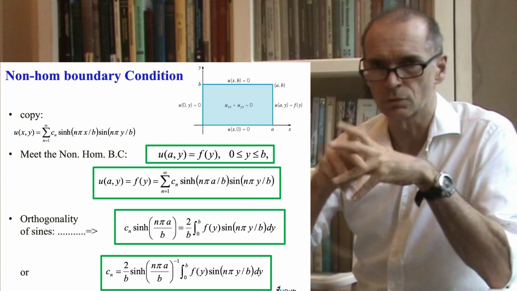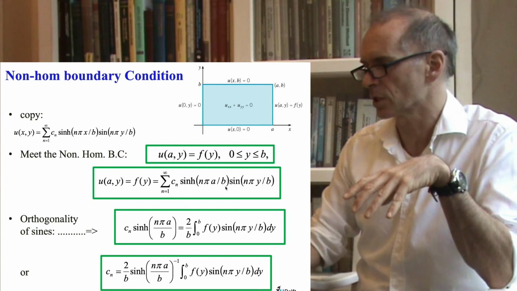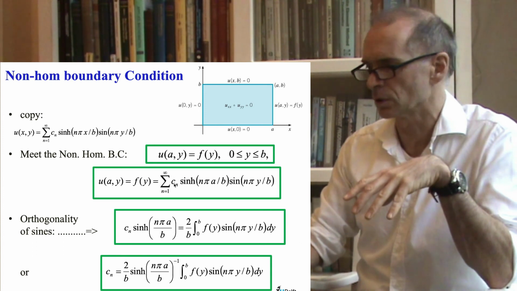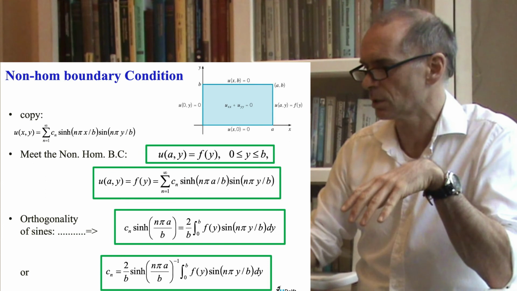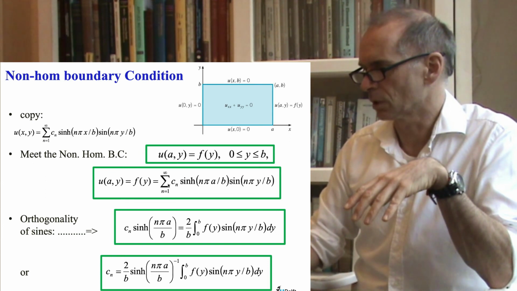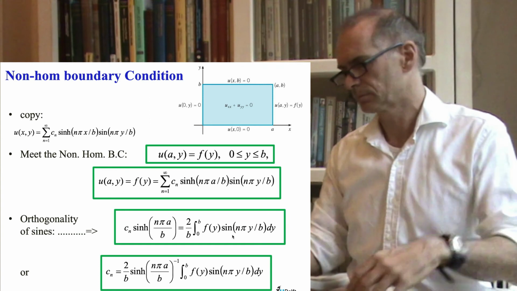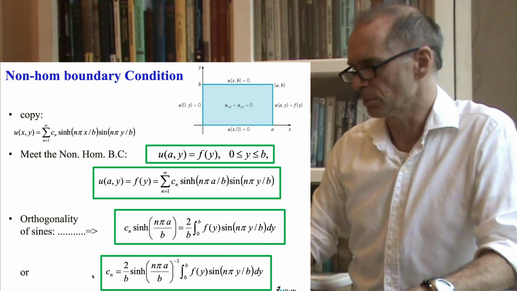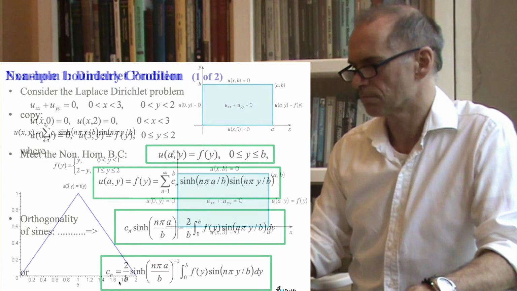The only thing that you have to be aware of is that the coefficients of that series are now this combination, and not just the unknown c's that we are really after. It is this combination that you calculate if you apply the orthogonality relation. So there's one more simple step to actually calculate those c's.